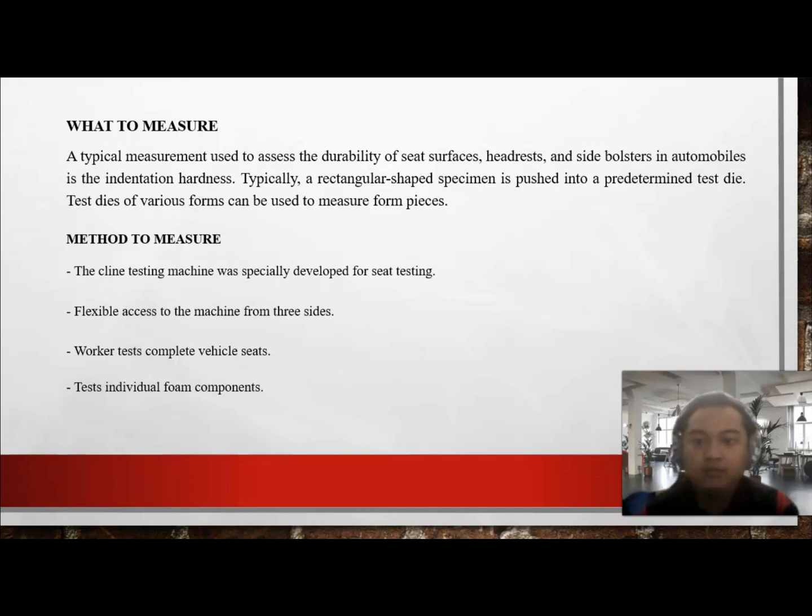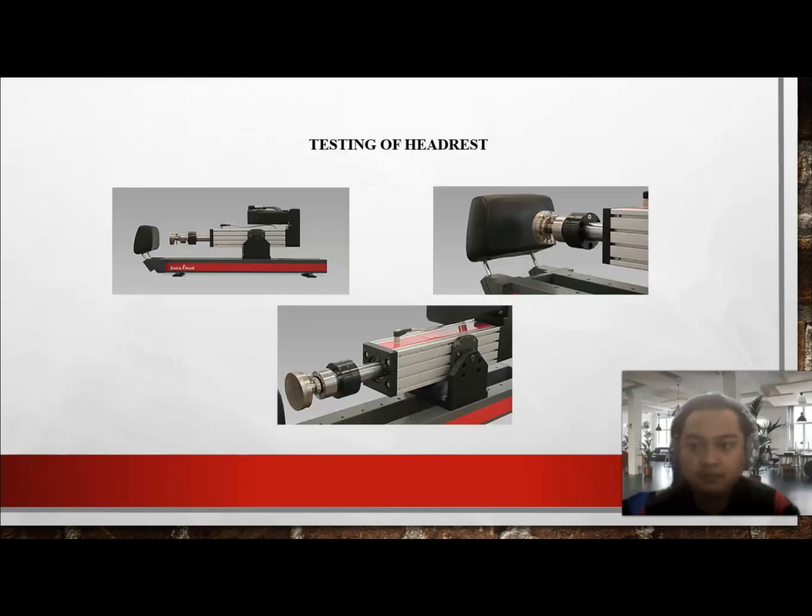Test die of various forms can be used to measure foam pitch. The C-line testing machine was specially developed for seat testing. Flexible access to the machine from three sides. Workers test the complete vehicle seat and test individual form component.